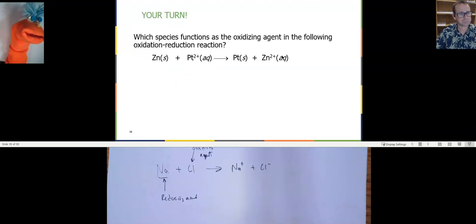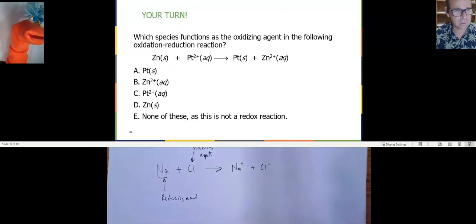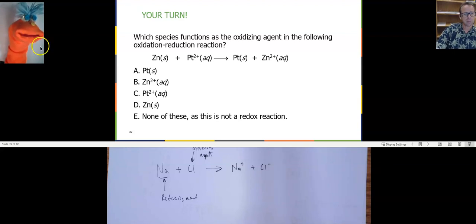Okay, good. So looking at this reaction here, can you identify which species functions as the oxidizing agent? Well, would it be the zinc? How can you tell? Because it was oxidized. The oxidizing agent isn't oxidized, is it? The oxidizing agent is reduced. Oh, yeah.